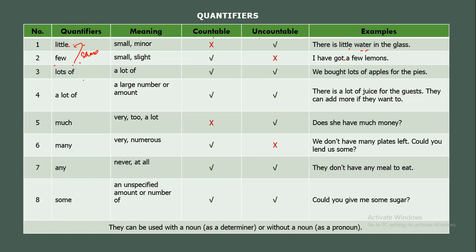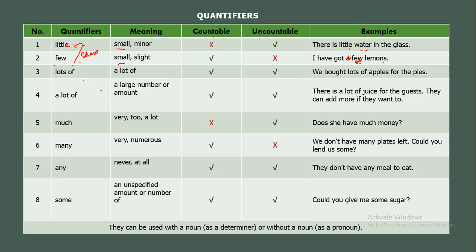But for something which is countable, remember the meaning is small, I say I have got a few lemons. I have got few lemons. Without a, no problem. So few has the same meaning as little, but little is used for uncountable nouns. For countable nouns we use few, not little.